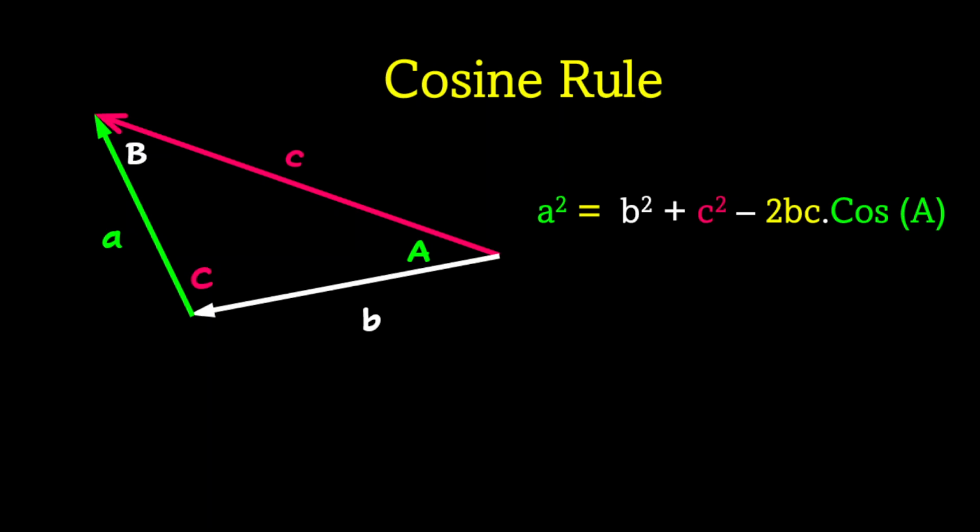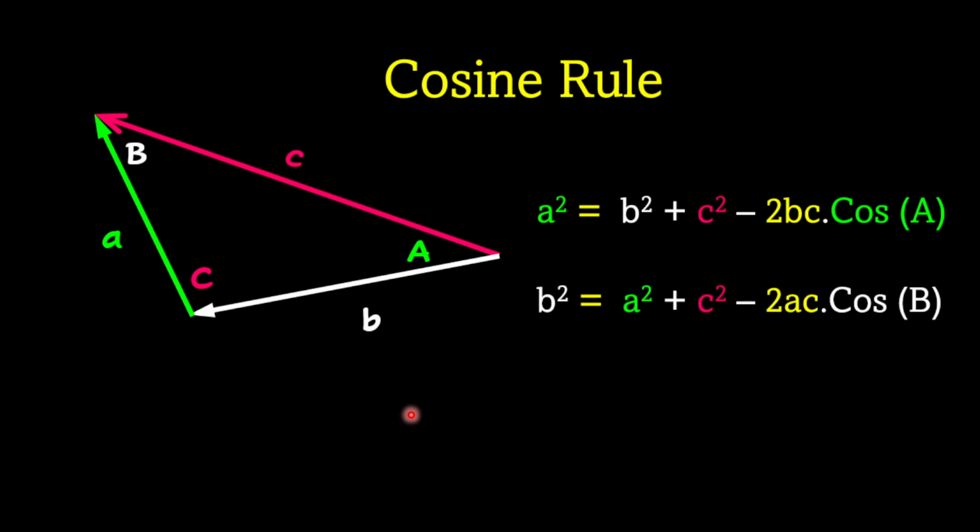For example, taking A, side a squared is equivalent to the sum of the other two sides squared, which are b and c in this case, minus 2 times those two sides, b and c, multiplied by cos of the angle opposite to the side that you want to find. And of course, you can find the square root of both sides to find a actually. All right, what if you want to find side b?